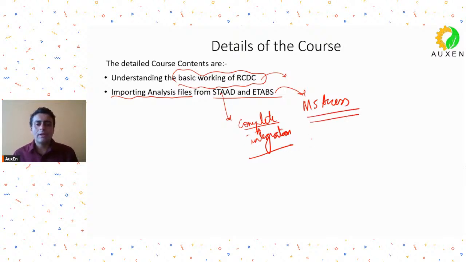So basically, from ETABS, we have to create a database file using Microsoft Access, and from there, we need to bring the analysis file to RCDC. So it's a slightly longer process because they are not integrated. But yes, we can do this work.